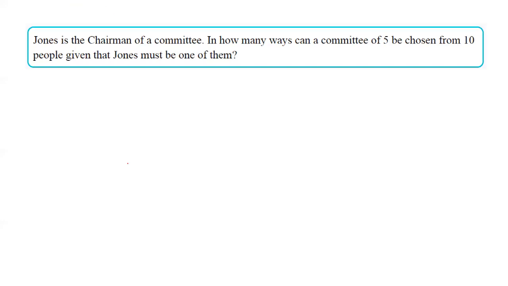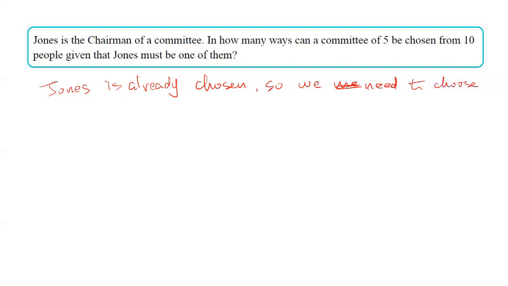All right, have you finished? Okay, I'll give you the solution, okay? Because Jones here is already taken or already chosen, we need to choose another 4 persons from 9.